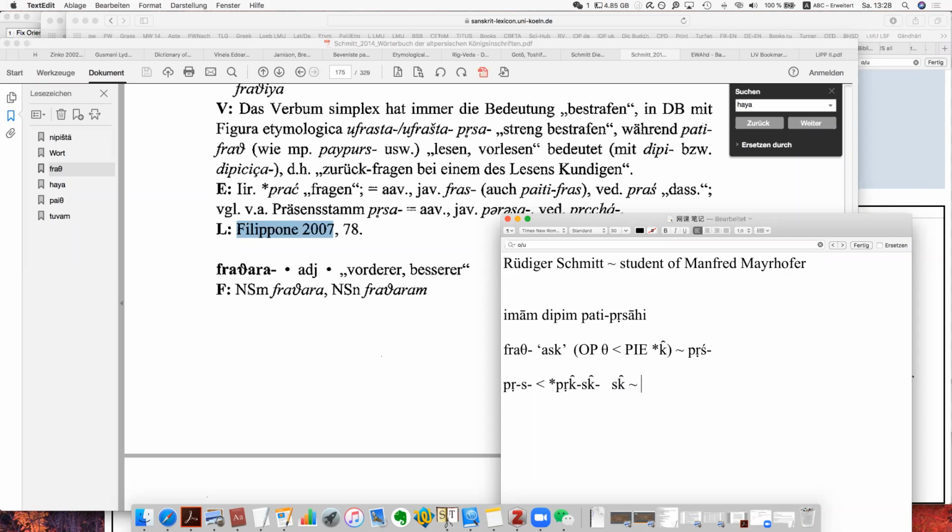First one is called inchoative. We actually mentioned this, yeah, inchoative. And the second one is called iterative. So iterative means repeatedly. So then this word, to be specific, actually means to ask repeatedly.